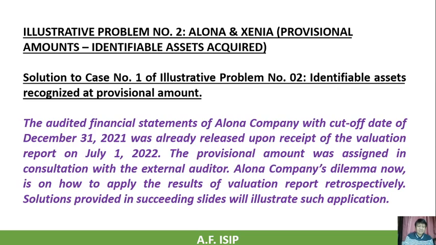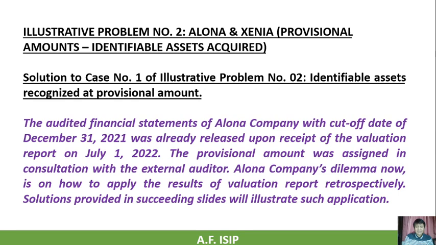The estimated useful life based on estimate by Alona is 10 years, but the estimated useful life provided by an independent appraiser is 5 years. So there is a big difference. So the provisional amount was assigned in consultation with the external auditor. Remember that Alona cannot do it alone.